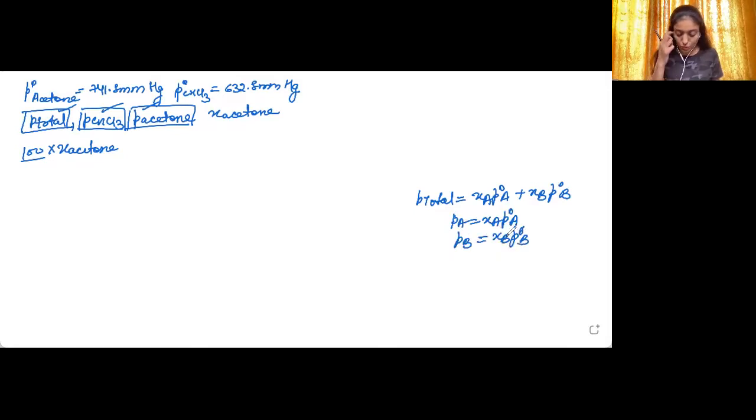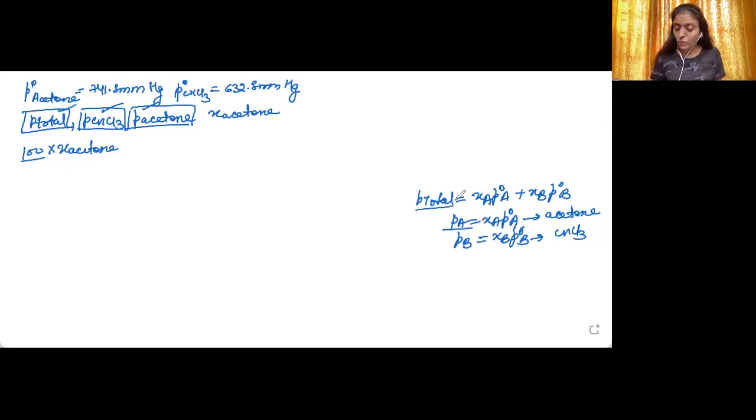Let us suppose that A we are taking for acetone and B we are taking for chloroform. So this means we need to find out all the partial vapor pressures of acetone and chloroform for all the compositions, get the values and draw the curve.